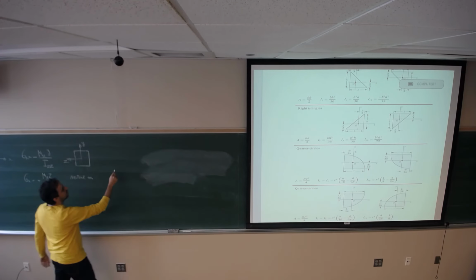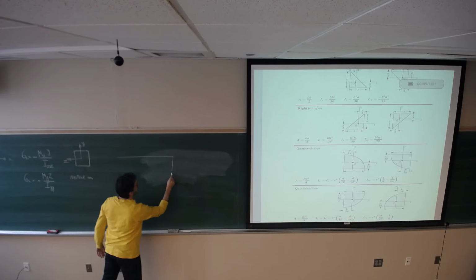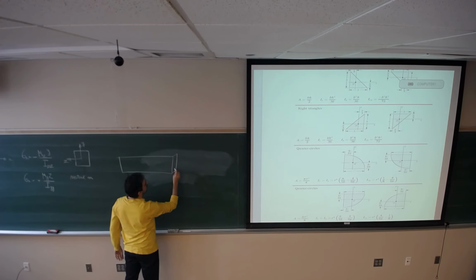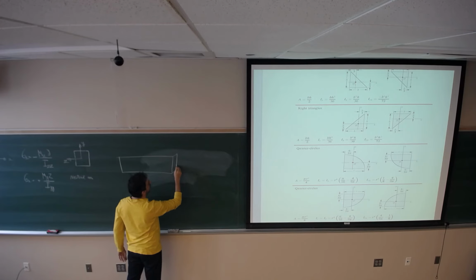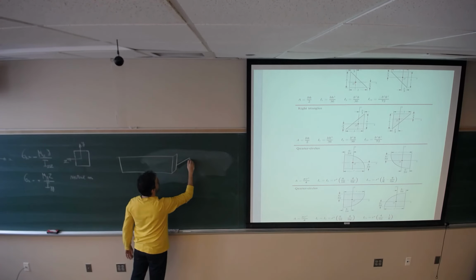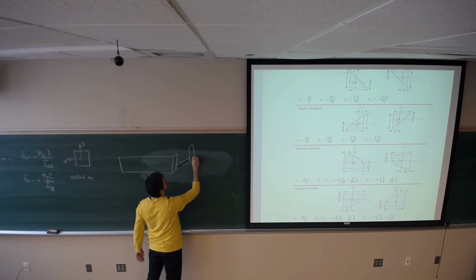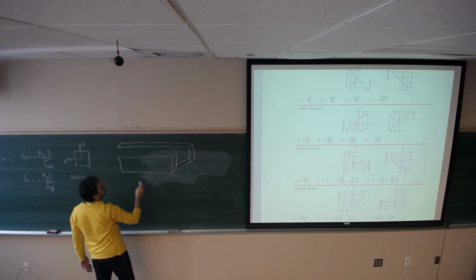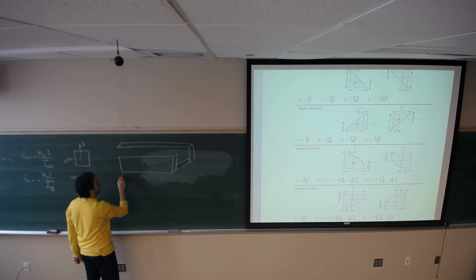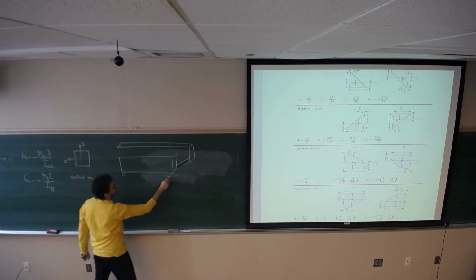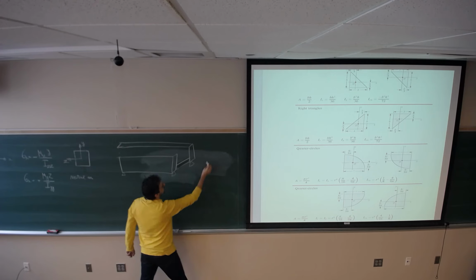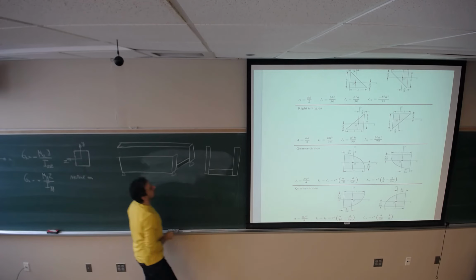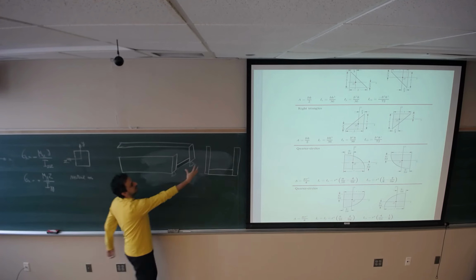But what if you have a beam like this? The cross section looks something like this if you look at the cross section from this side.